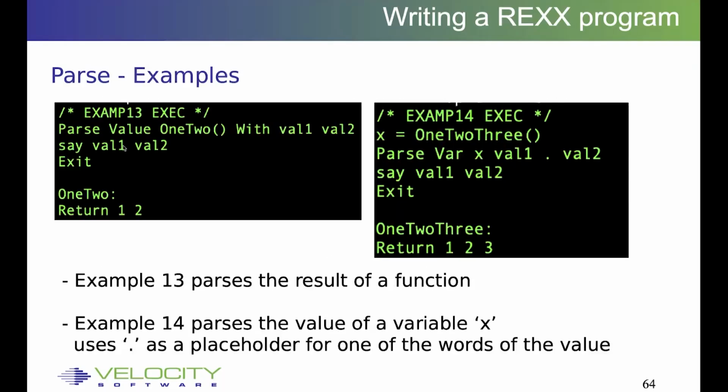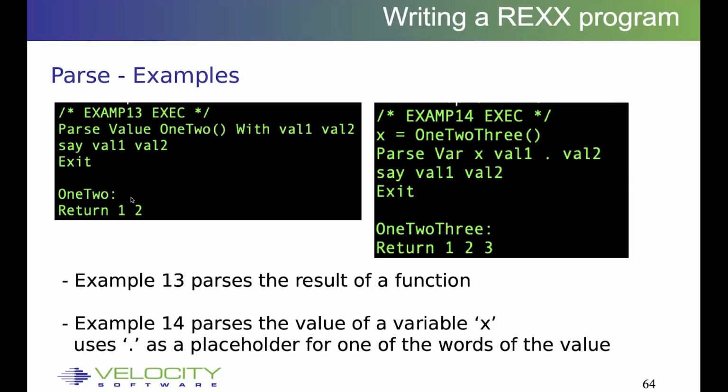Here are some examples. In the first example on the left-hand side, we are going to parse the result of a function. So 1, 2 is a function inside the program. The value of 1, 2 is going to be returned back to the parse command, and we are going to be able to parse out the values that are returned into our variables val1 and val2.